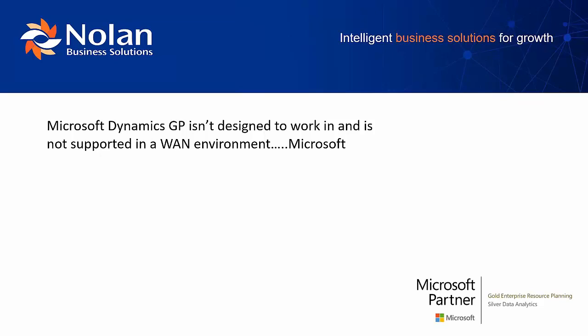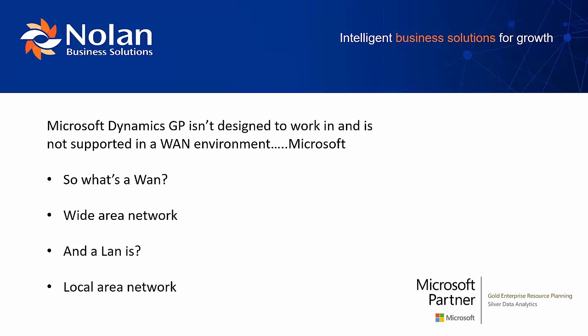So what is WAN? WAN means wide area network. Okay, so what's the difference between a wide area network and what I've already got? Well, that's a LAN, a local area network. When you're in the office on your machine and everything's all connected up nicely, that's a LAN. Everything's on the same network, usually on the same subnet mask, and everything's talking to each other quite nicely.